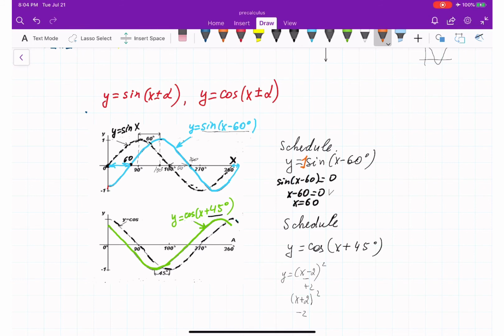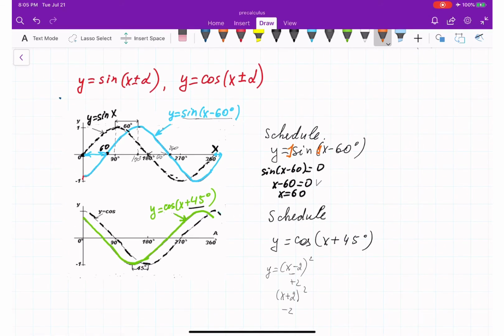Frequency is 1. That means it's not shrinking, it's not stretching. We just take the one wave and shift it to the right or to the left. We shift to the left when we have plus angle, and we shift to the right when we have minus angle.